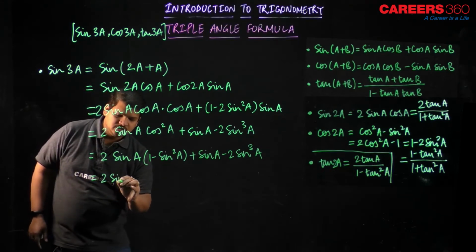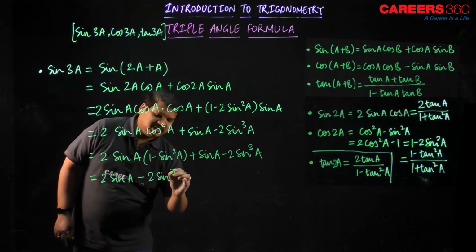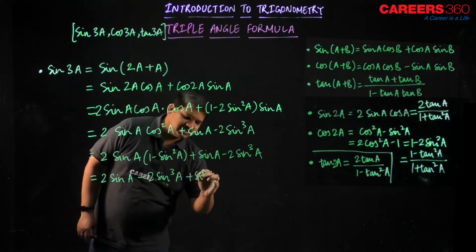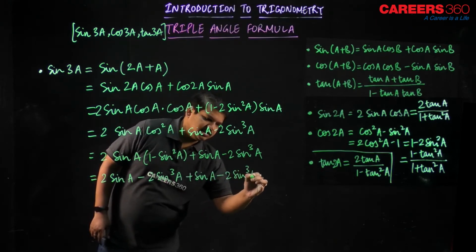So this will be 2 sin A minus 2 sin cube A plus sin A minus 2 sin cube A.